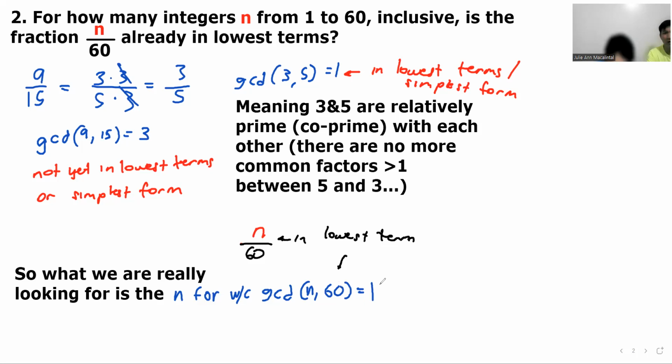There are no other common factors more than 1 between n and 60. That's basically what you're looking for.